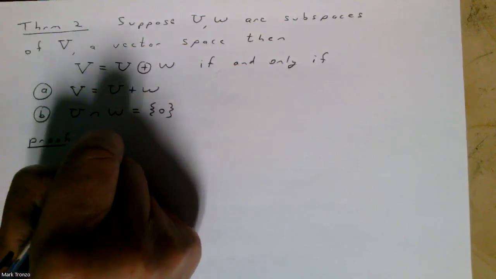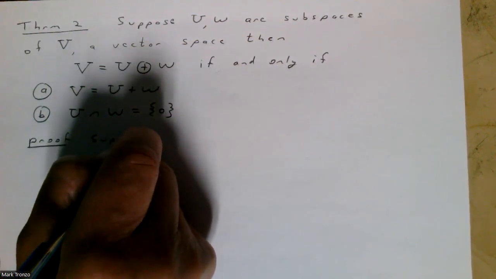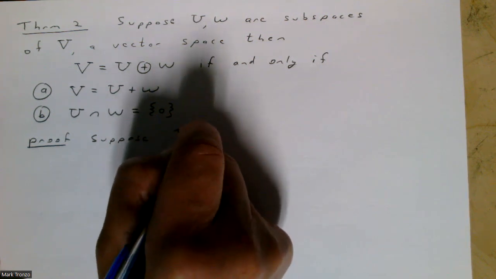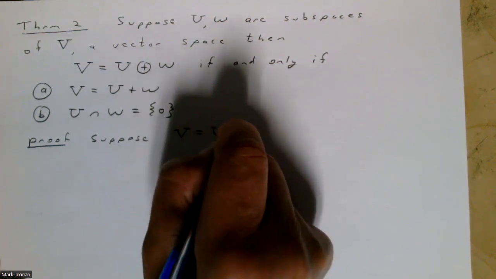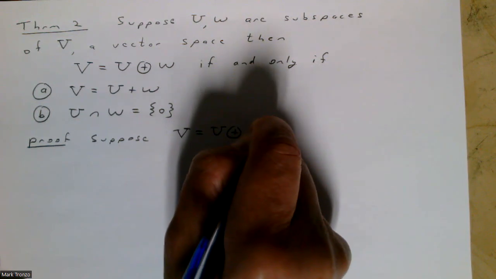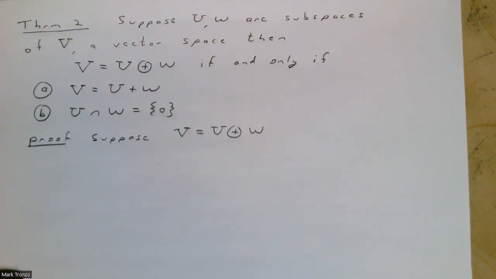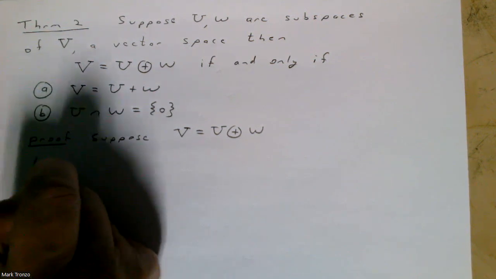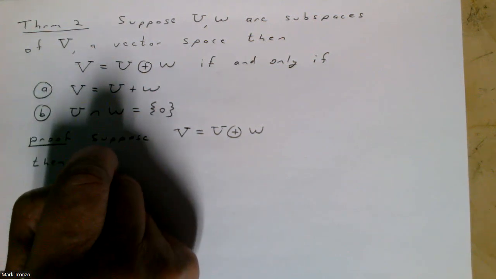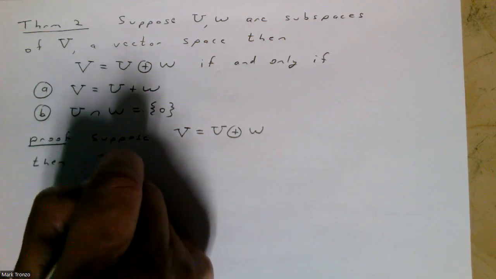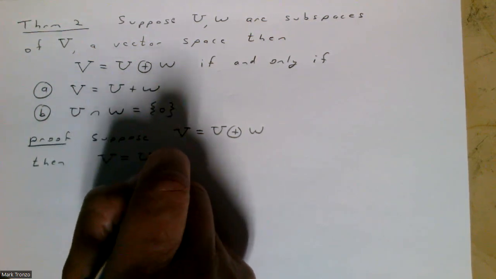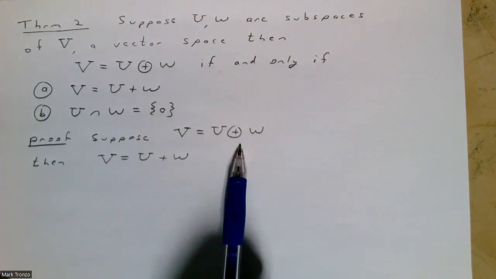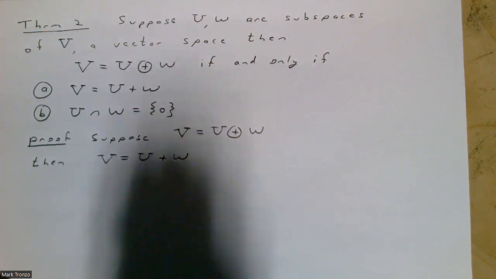Once again, we'll go the one direction. Suppose that we have the direct sum. V is the direct sum of U and W. Then V is equal to U plus W. Again, we said before, obviously, the direct sum implies a sum.